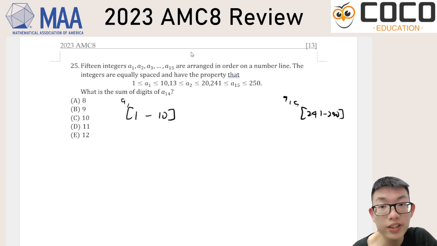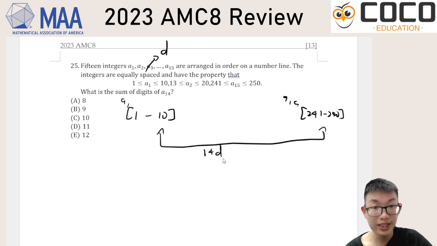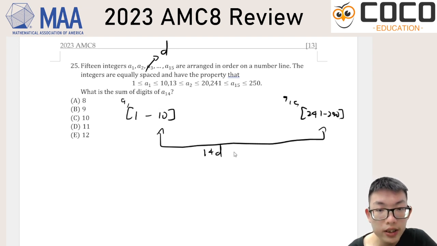Whatever the difference is, let's say that the spacing is D for difference, the difference between them would be 14D, because there are 14 intervals. And the range of possible differences, based on what we know now, is from 241 minus 10 is 231, and then 250 minus 1 is 249. So this is the range that we are talking about.